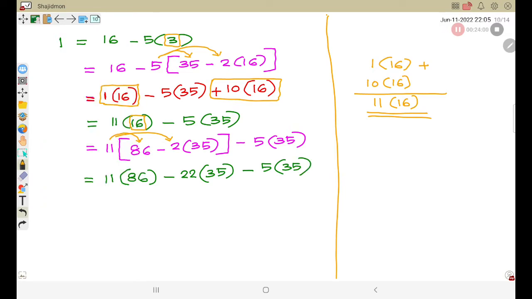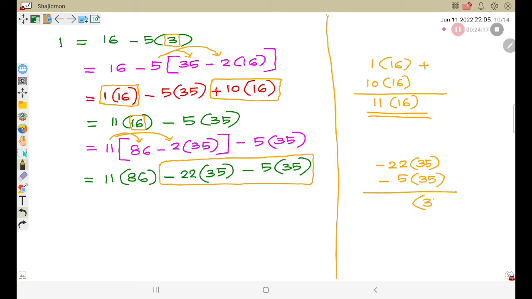Now we simplify the same terms. Here see minus 22 multiply 35 and minus 5 multiply 35. You can combine them on the same side: minus 22 multiply 35 minus 5 multiply 35. Correct? So we write 35 one time only, minus 22 minus 5, which means minus 27.